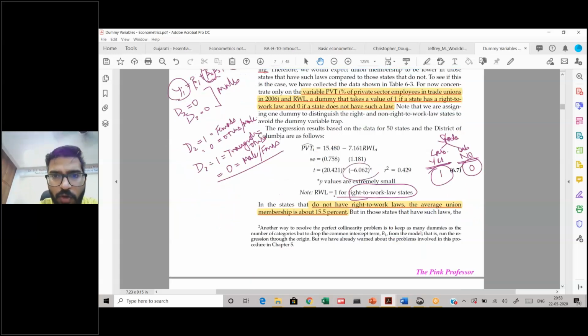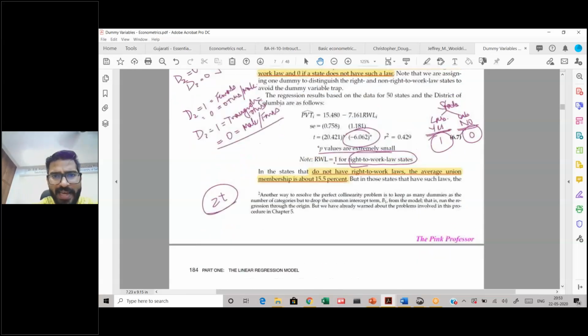We found a t-value of minus 6. Again, I told you the 2t rule. According to the 2t rule, this is significant, which essentially means that the p-value is going to be extremely small. That means this is a significant factor. And what do we say here?